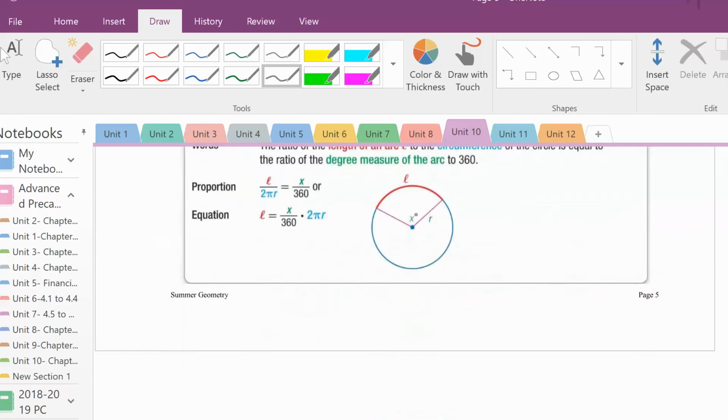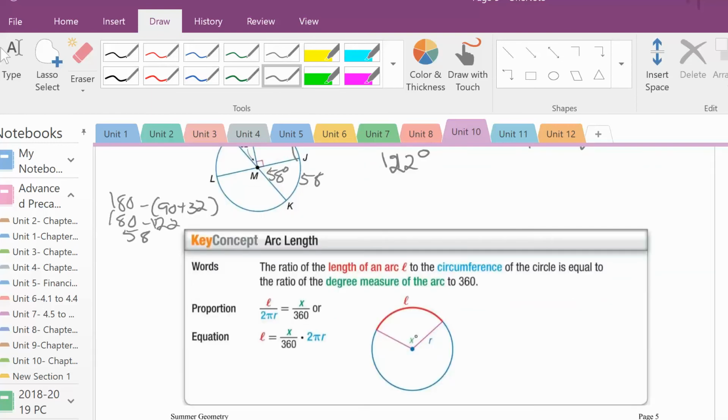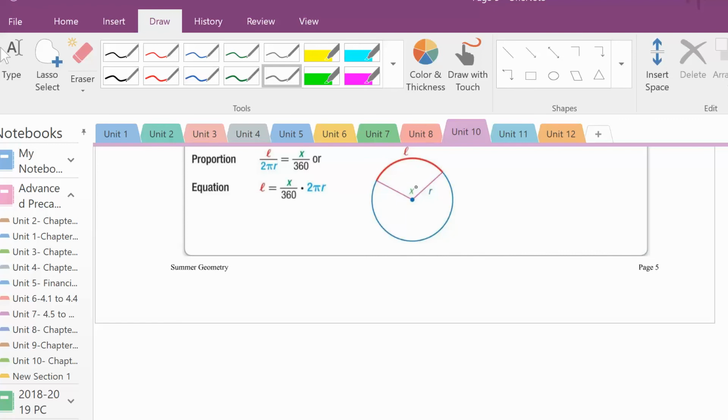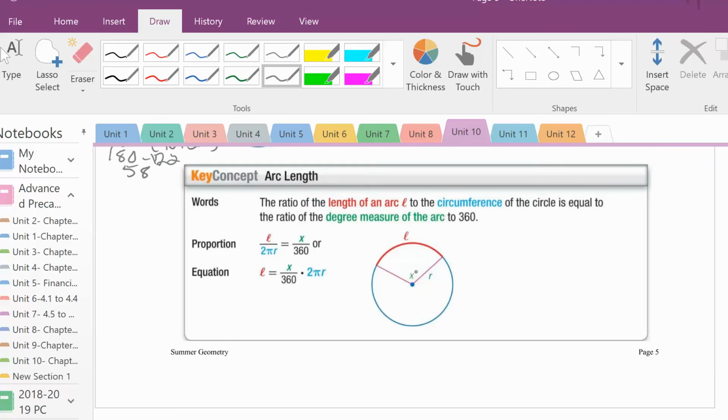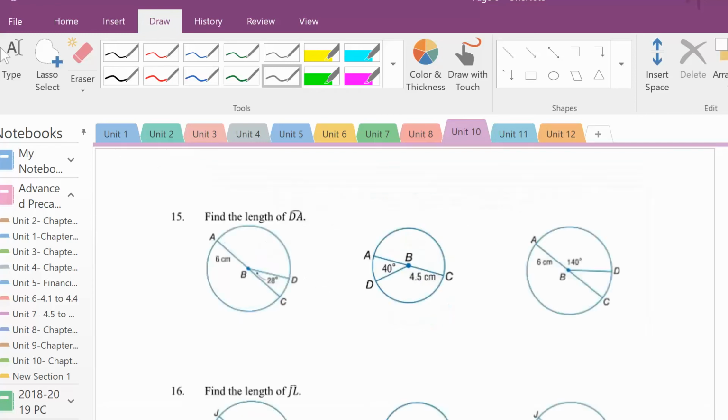So arc length is the part of the circumference that the arc takes up. So to find arc length, you basically have to divide the angle by 360 and multiply it by the circumference. So if you look here, it says find the length of arc DA from here to here. Well, that arc is 180 minus 28, which is 152.